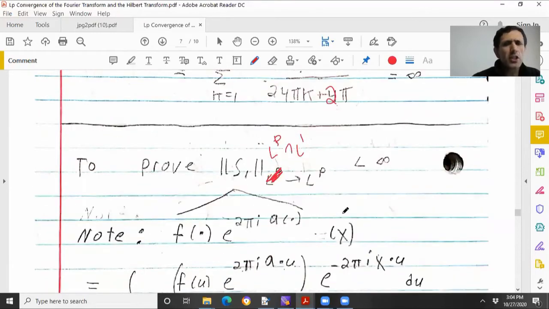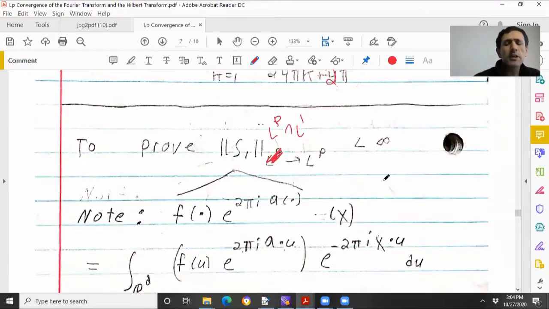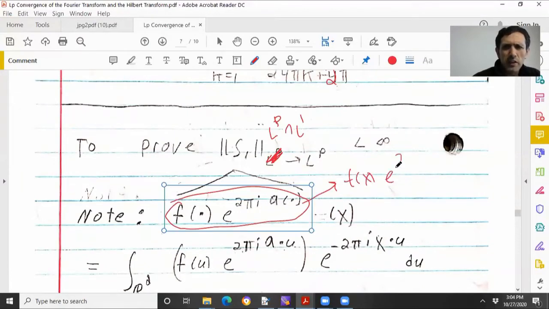for any dimension, let's look at some very useful operators. Particularly, let's look at multiplication by this complex exponential e to the 2 pi i a. So what I mean by this here is, as a function of x itself, this is just f of x e to the 2 pi i a dot x.